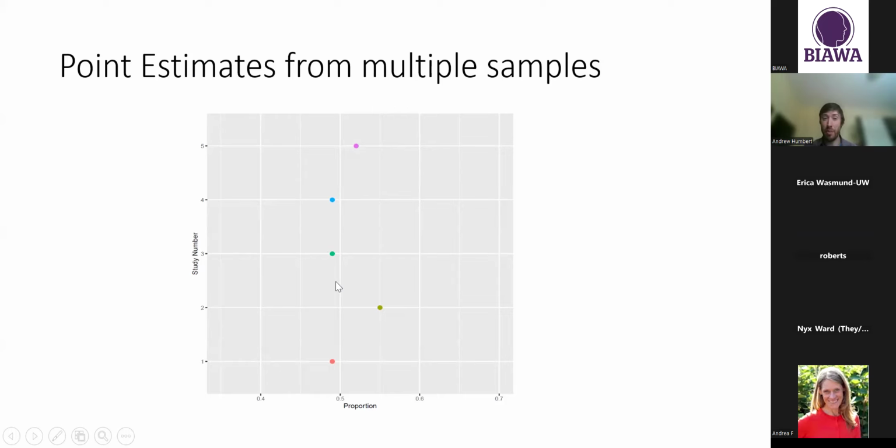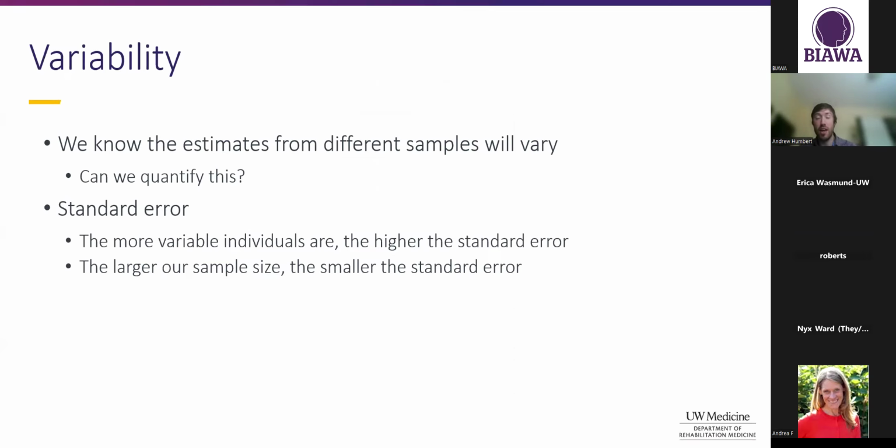And again, this is what we want to capture without having to actually repeat this study 5, 10, 15, 20 times. And that brings us to this idea of variability. So variability, again, is this measure of how much we think those estimates really differ. One way that we could actually capture this is if we conducted 20 different trials of the exact same study and measured how much those estimates differ.